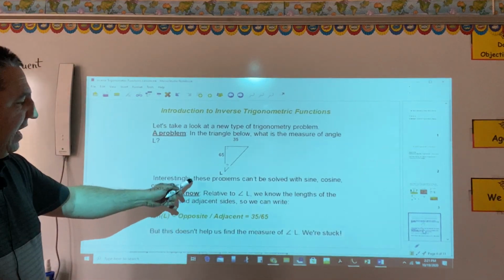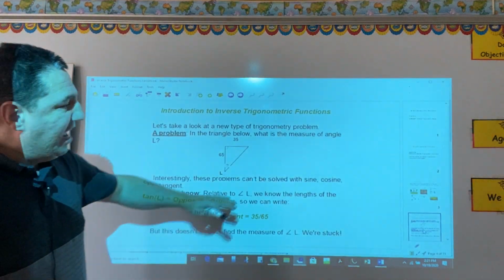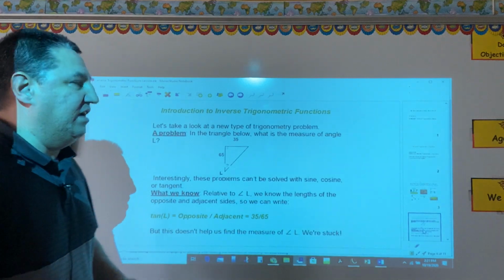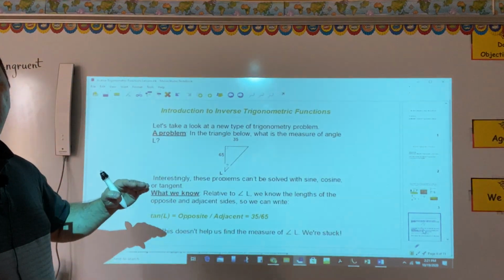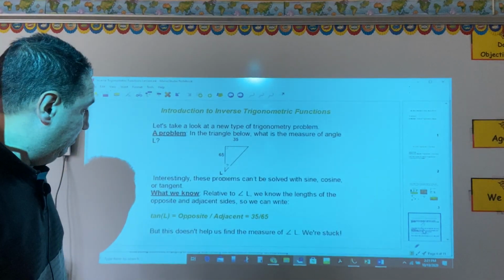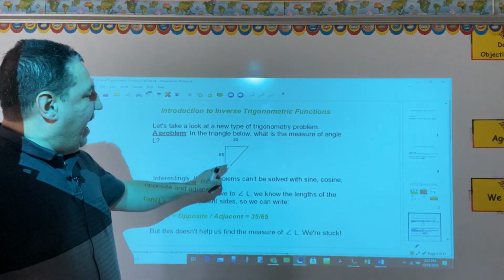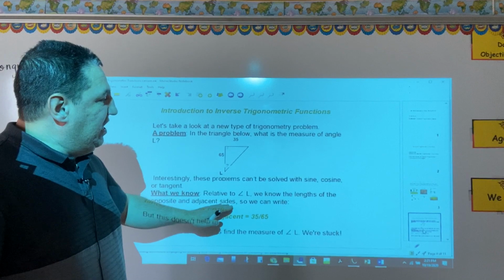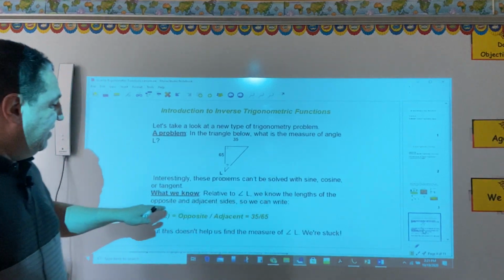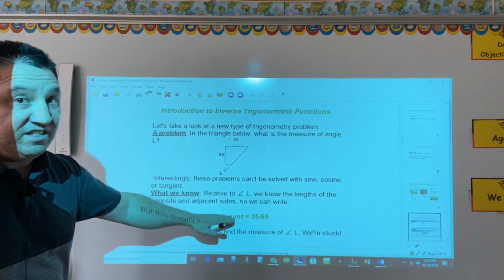Interestingly, these problems can be solved using sine, cosine, or tangent. What do we know? Relative to angle L, we know the lengths of the opposite and adjacent sides.